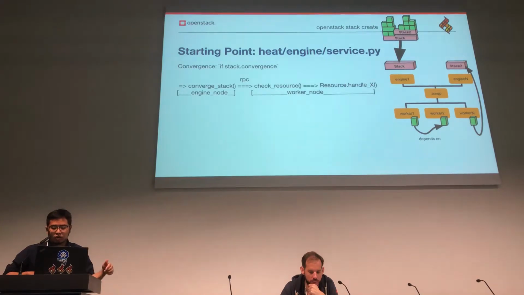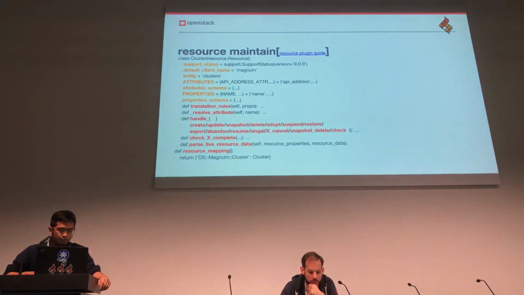If you're interested in that, you can check from here. If you're interested in resource maintaining, the orange and red are the attributes and functions that we usually implement for a specific resource. So you can do your own resource. You can even create a resource, say one that creates a Kubernetes pod.